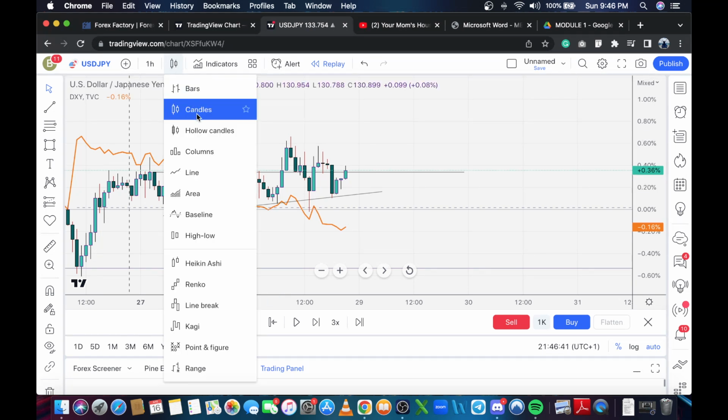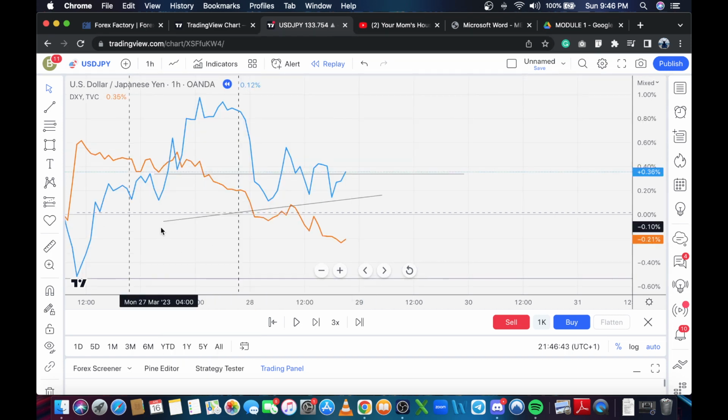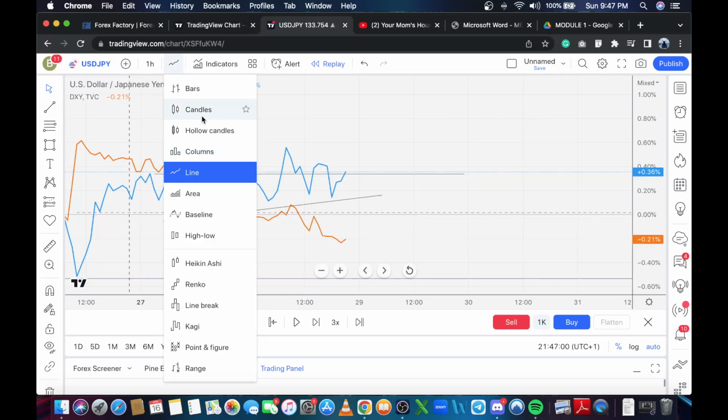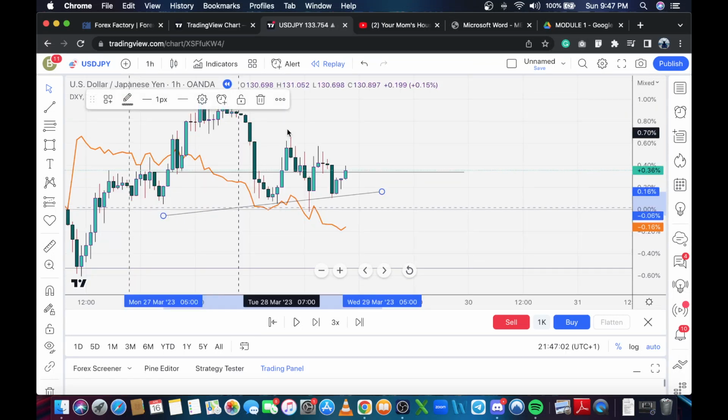So if we switch over to a line chart, just like we're doing for dollar, the blue line chart is that of USDJPY, which is a correlated asset against dollar, and the orange line chart is that of dollar. You can see that USDJPY is running higher, dollar is running lower. So we have underlying strength in support of USDJPY. I'm going to go back to the candlestick and eliminate that.